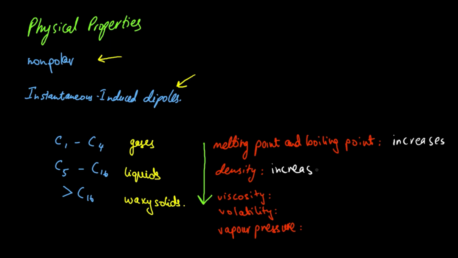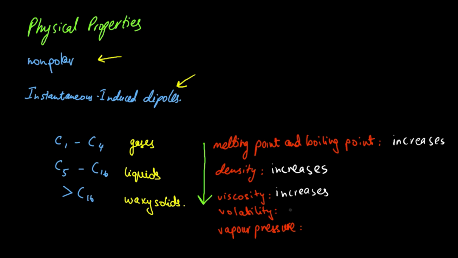As the carbon atoms increase, the molecule of the alkane is getting larger, and since it is getting larger, the molar mass is increasing, and since mass is increasing, the density will increase. Then viscosity will also increase, simply because the instantaneous induced dipoles that exist in the alkanes are getting stronger, and they are getting stronger again because of the increased number of carbon atoms.